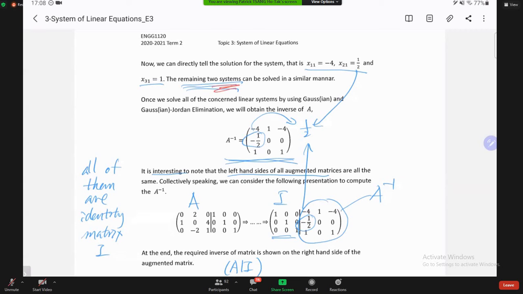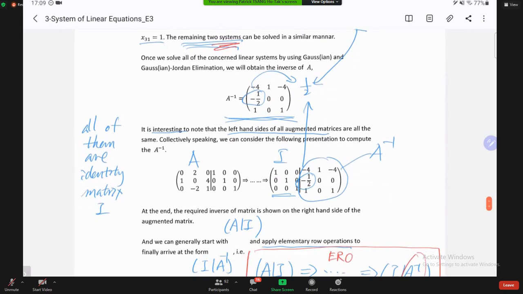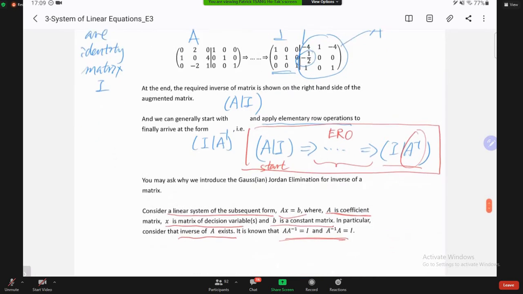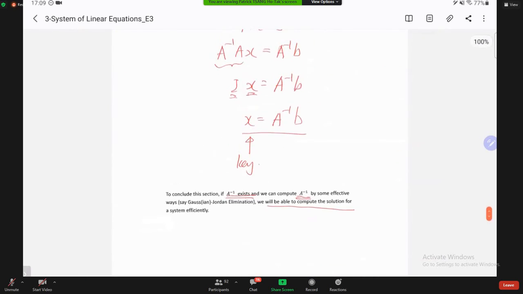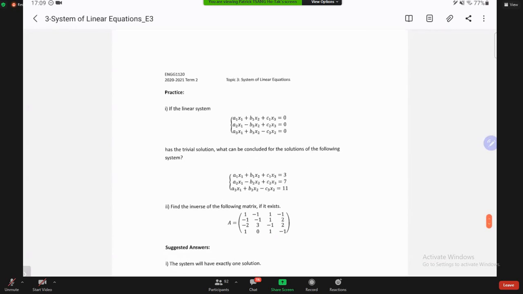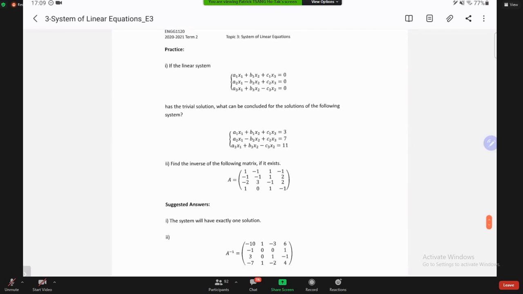You may treat it as practice, to see how to use the Gaussian-Jordan elimination idea to solve for the remaining variables of the two linear systems, and then to finalize the value for the A inverse. There are two practice questions in the following. If you have time, try to take a look and see whether you can solve the problem accordingly.